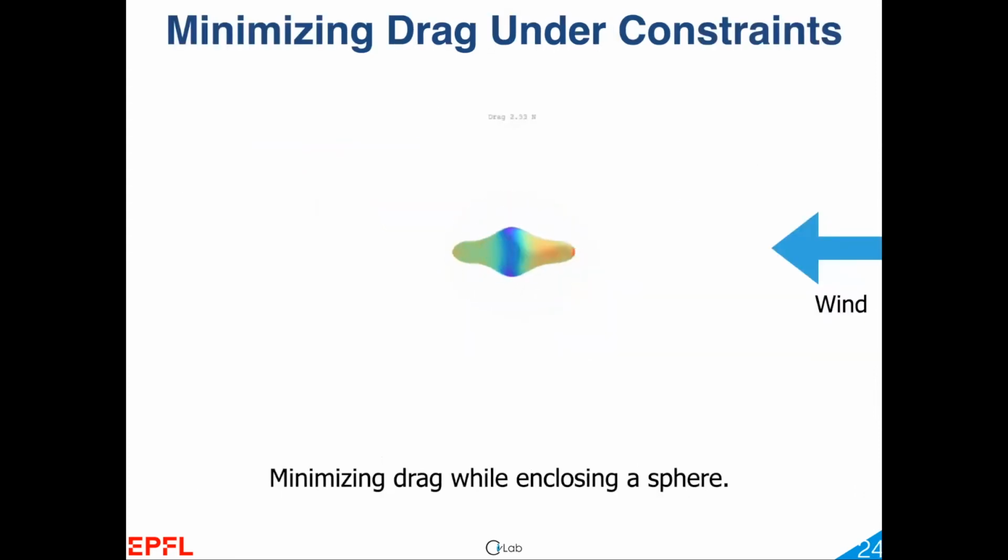So here's what's happening. We have a surface that is wrapped around an incompressible sphere. And the system is optimizing the shape of the surface so that the resulting shape has a minimal drag.